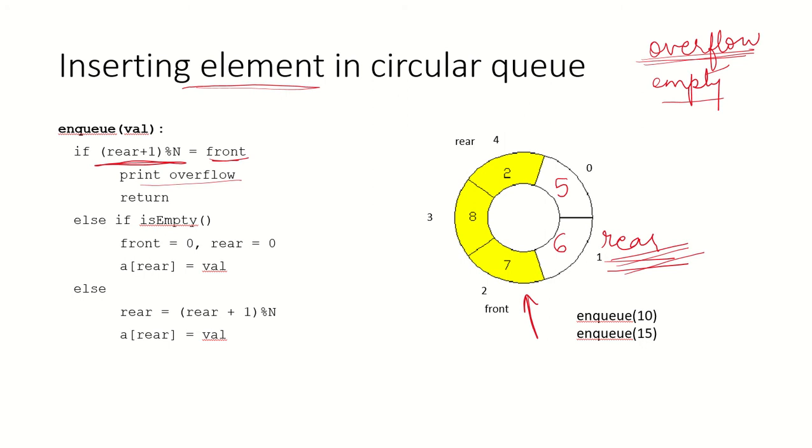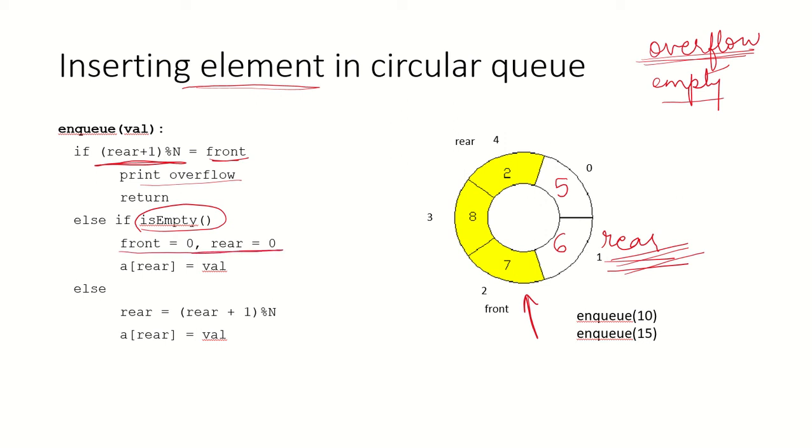The other case is to check whether it is empty or not. If it is empty, that means the first element that we are adding now would be the first element. And what do we do when it is the first element? It is the same as we do for the regular queue.